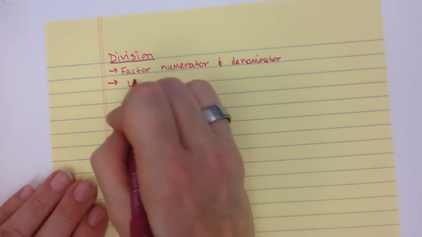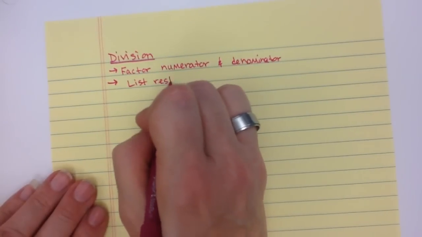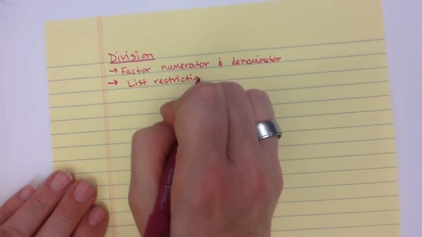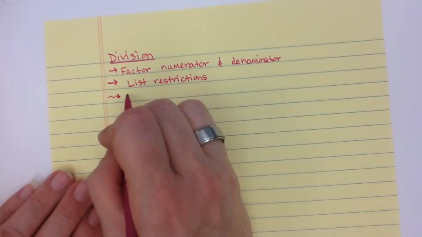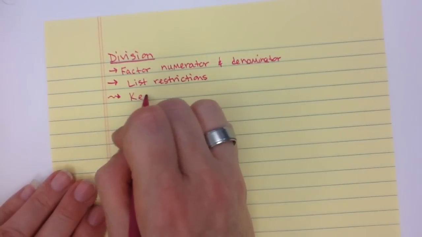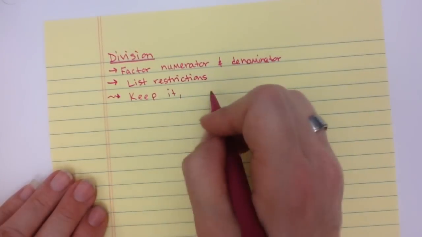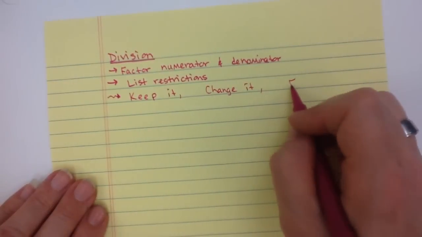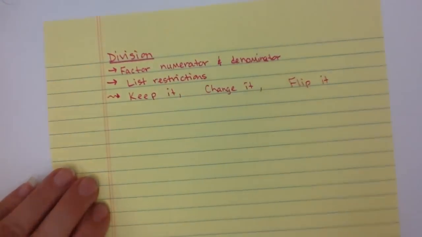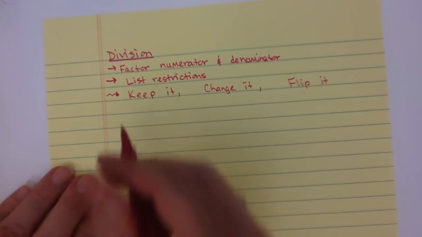Then we're going to list restrictions. Here's where the steps change. We are going to keep it, change it, flip it. Do you remember what that means from fractions?